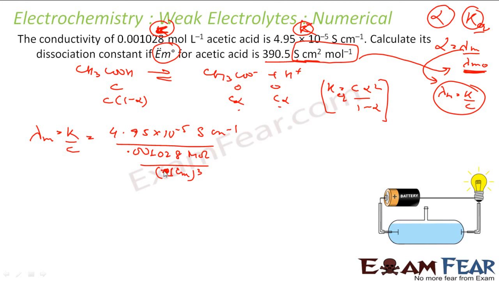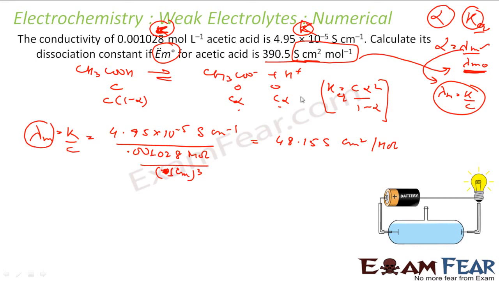Right, 1 liter is 0.1 centimeter. So with this I'll get in the same unit. So if you solve this, you get 48.15 Siemens centimeter square per mole, that is the value of lambda m.